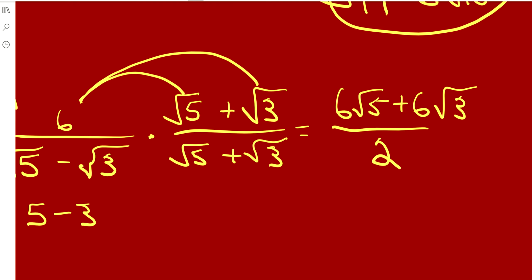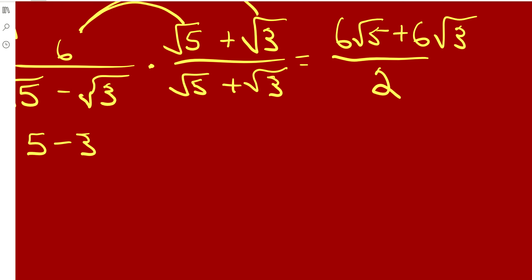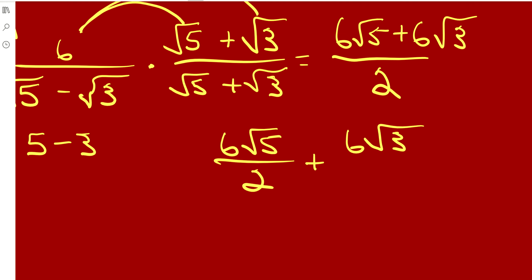But now what I want to do is simplify this a little bit more. So one of two things I could do. I could separate it and write this as 6 root 5 divided by 2 plus 6 root 3 divided by 2.